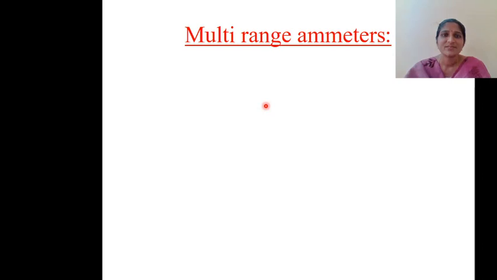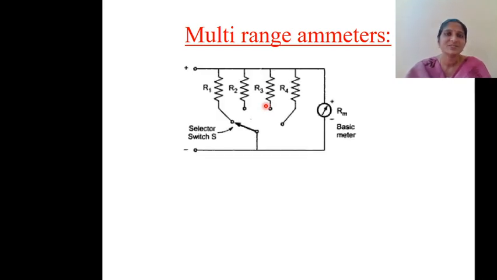Now, if you want to use this ammeter for different ranges, say 0 to 2 amperes on one terminal, 0 to 5 amperes on another terminal, 0 to 7.5 on another and 0 to 10 on another, for that you need to use multi-range ammeters.